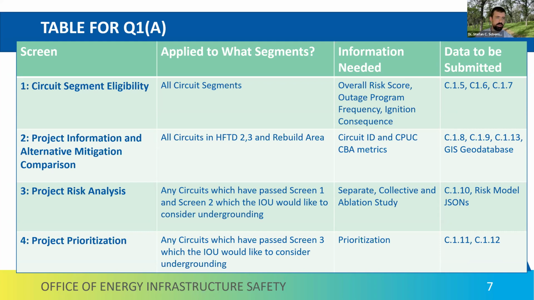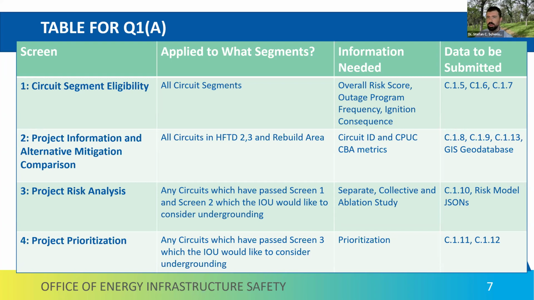The next screen is the project information and alternative mitigation comparison. Here the information needed is a circuit ID table, which is C18, and the CPUC cost benefit analysis metrics, which get captured in tables C18, C19, and C13, which is the project index table, which has a bunch of human eye friendly information.